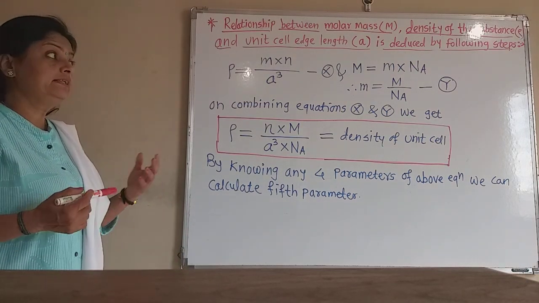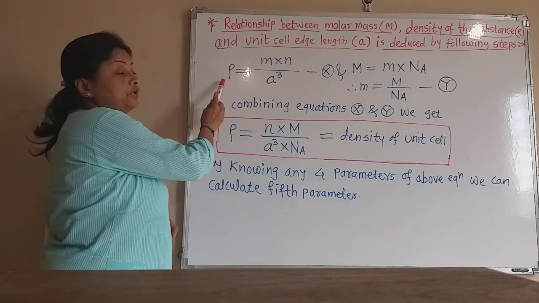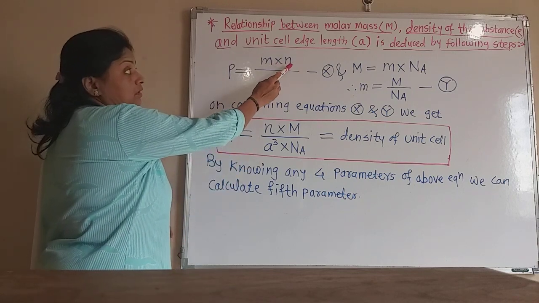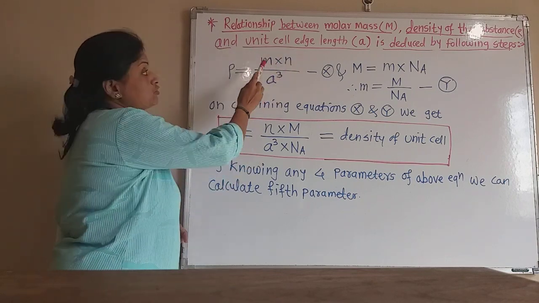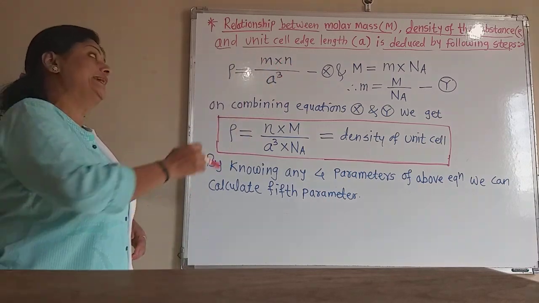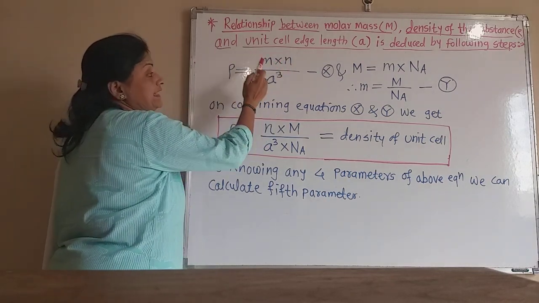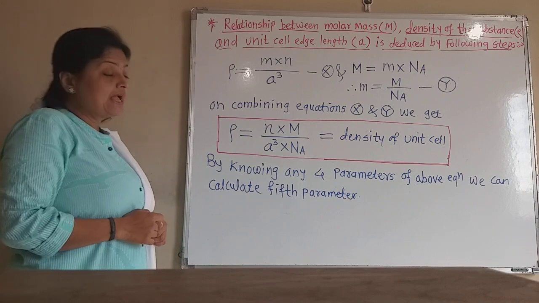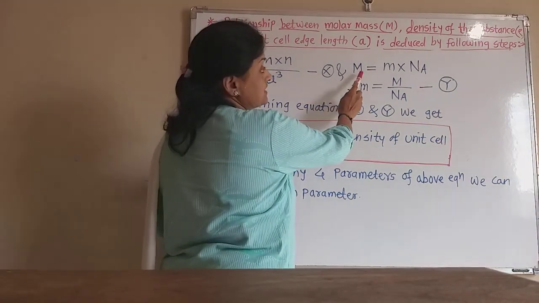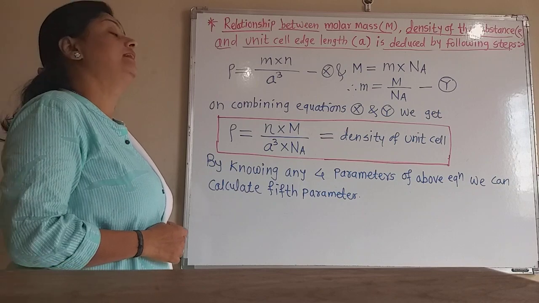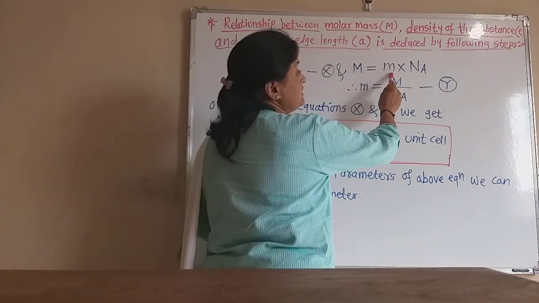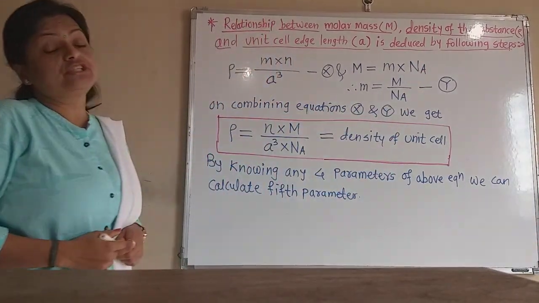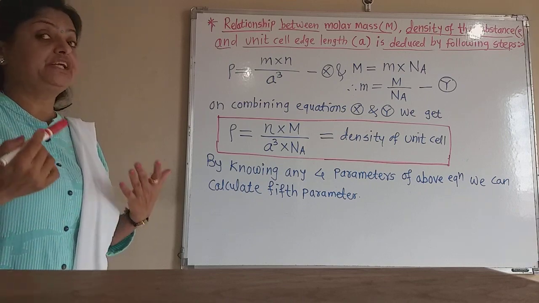Now we already learned these two relationships. Density of the unit cell is equal to mass of the unit cell, that is mass of particle into number of particles, divided by volume of unit cell. Suppose it is equation x. And molar mass of the substance, capital M, is equal to mass of one particle into Avogadro's number, that is the number of particles present in 1 mole.